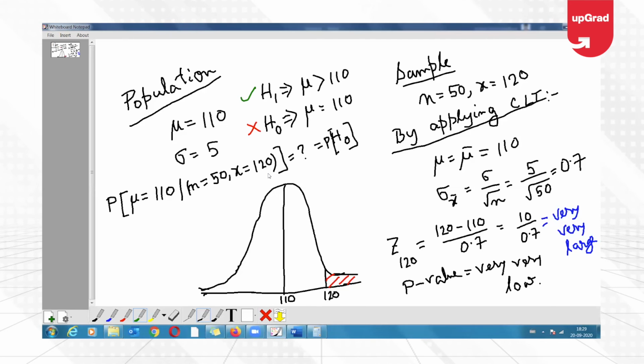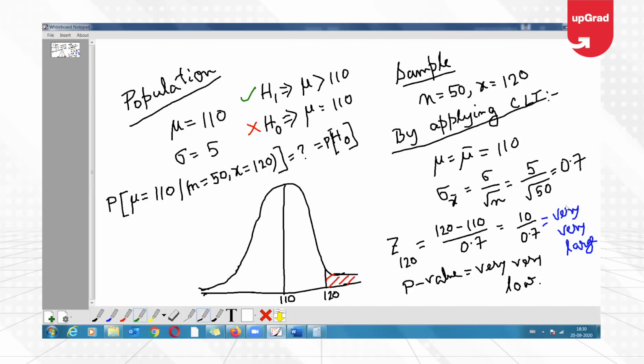Now if you see it intuitively also, the new average should actually not be 110 but maybe 115 or something else, but it cannot be 110. These two points are so far away from each other, and the z-score is so large. As you can see here, the z-score will be like 10, 11, 12, maybe 13, 14.